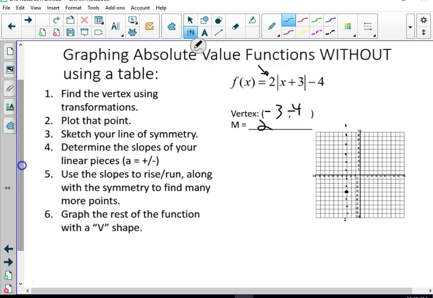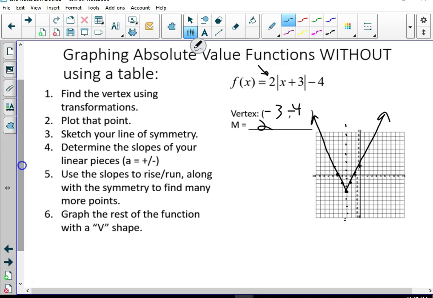So my slope is 2. So that means from this point, I'm going to go up 2, right 1, and then I'm going to put the mirror image. Again, up 2, right 1, and put the mirror image. So this is a little bit thinner than my normal one, because the 2 out in front makes it narrower.